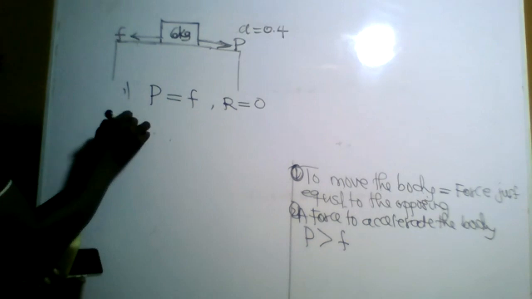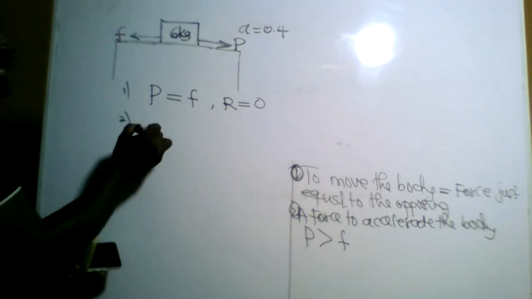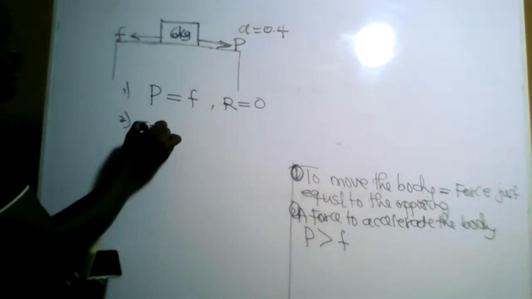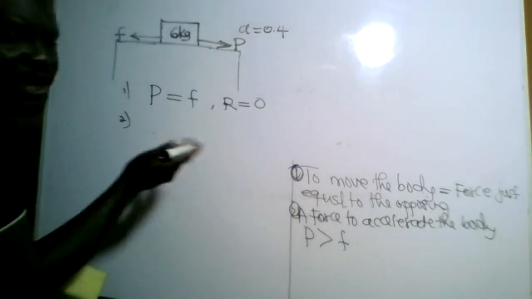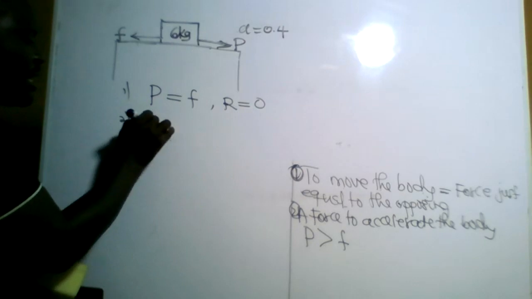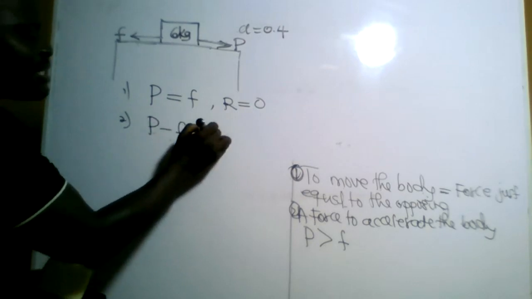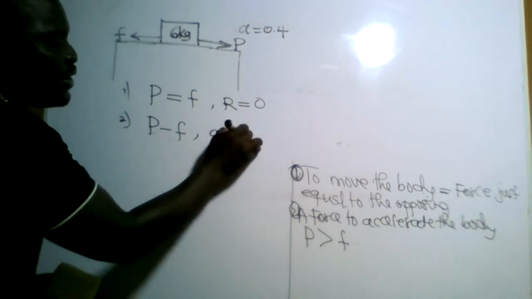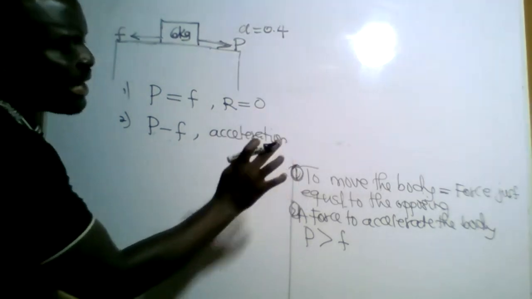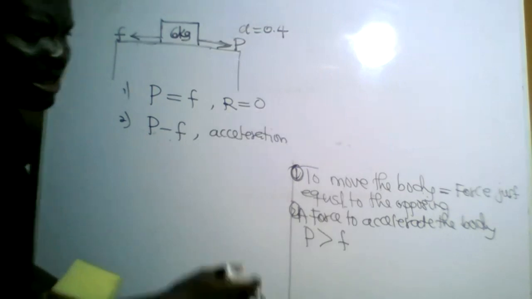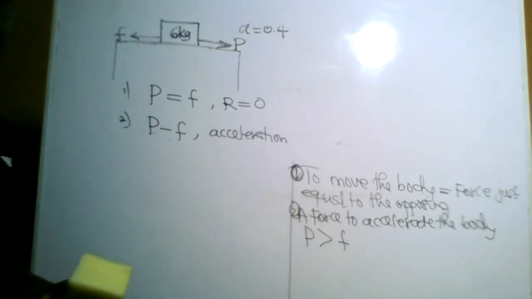In the second situation, when I subtract the frictional force from the applied force, there should be a difference. So P minus F must give us the acceleration. That's the difference between 1 and 2: just moving it, and when the body accelerates.